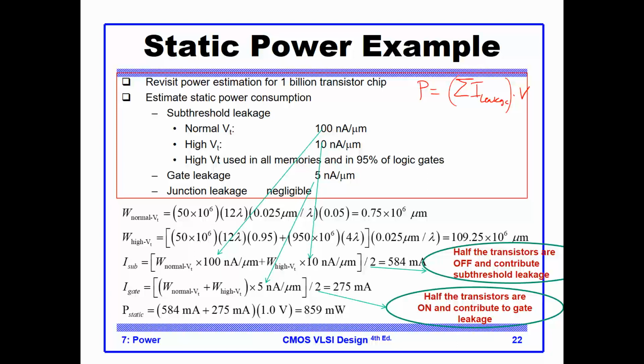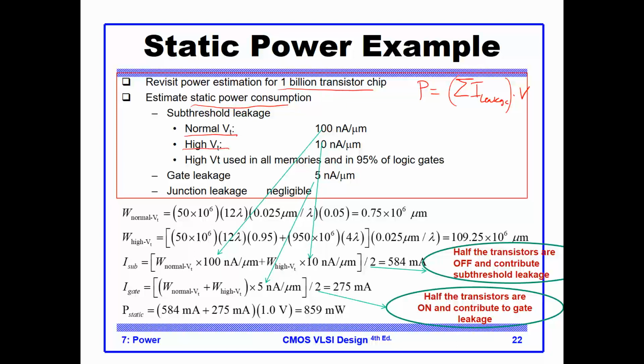In this circuit, they are using two VTs. We have a design of 1 billion transistors, and we want to estimate the static power for this design. This design uses part of it normal VT and the other part high VT.